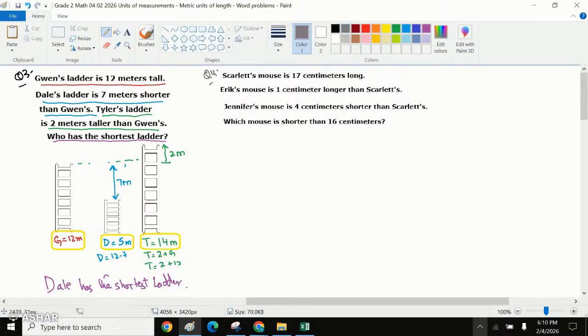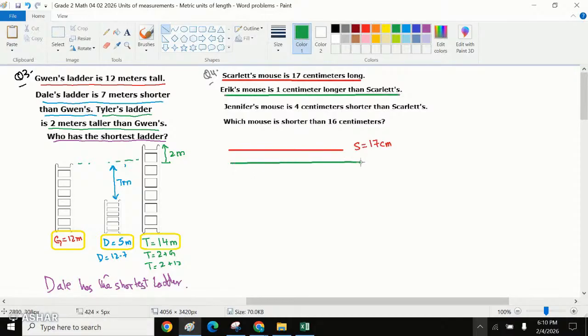So can we say, let's make a line over here. Scarlett's mouse is 17 centimeters long. Can we say this is Scarlett? That would be 17 centimeters. Eric's mouse is 1 centimeter longer than Scarlett's, right? That means Eric has an additional 1 centimeter.